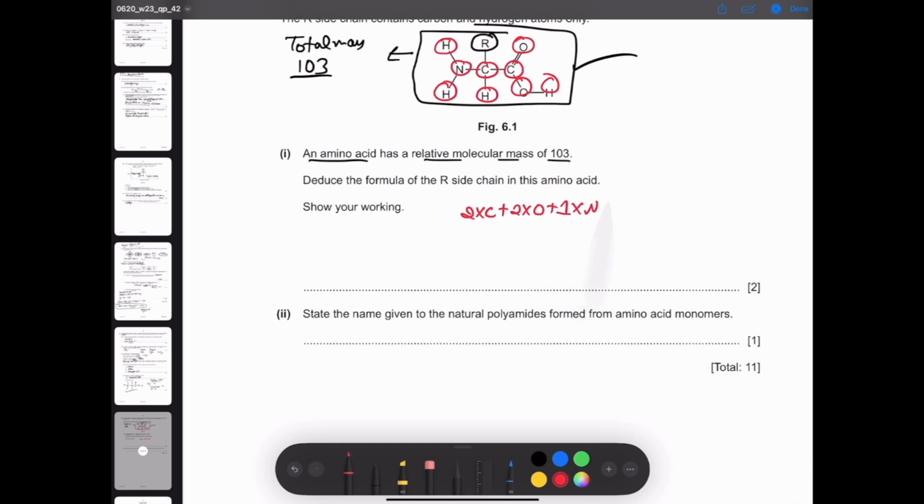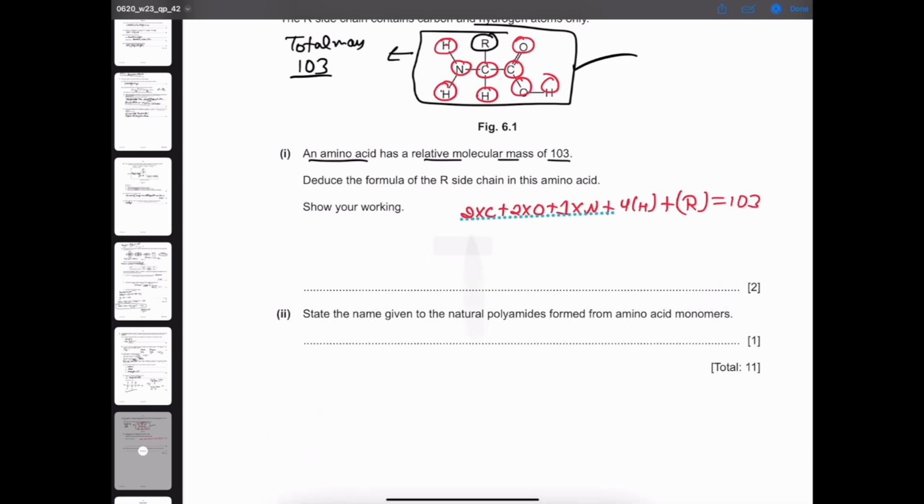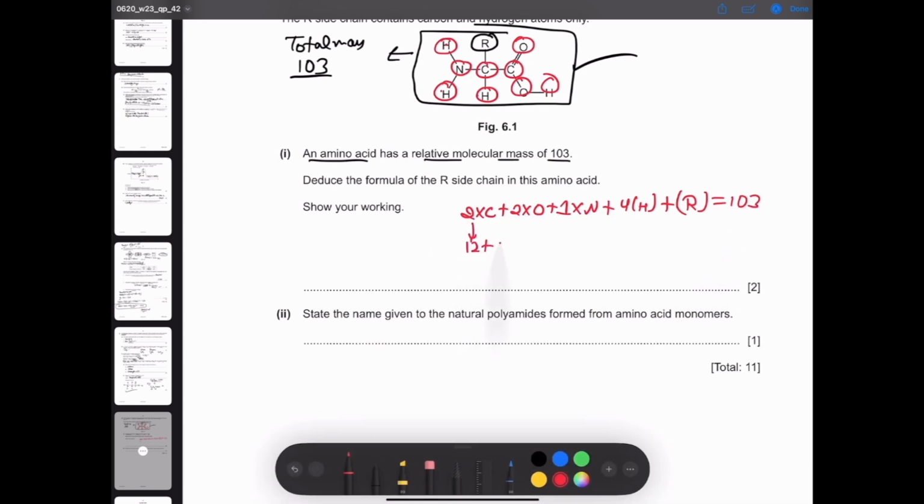Only one nitrogen. And how many hydrogen? One, two, three, four. Four hydrogen. Plus the mass of R is equal to 103. What is difficult in this? This is 12 plus 24 plus nitrogen's mass is 14 plus hydrogen is 4 plus R is equals to 103. When you solve this, your answer will come out to be 29.